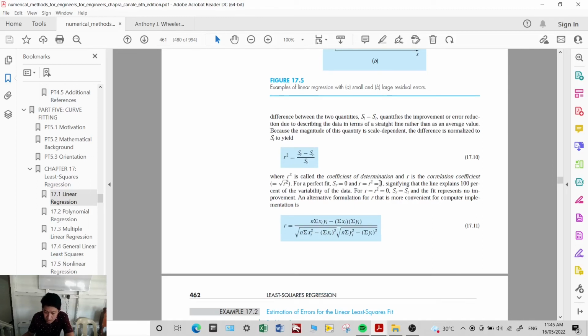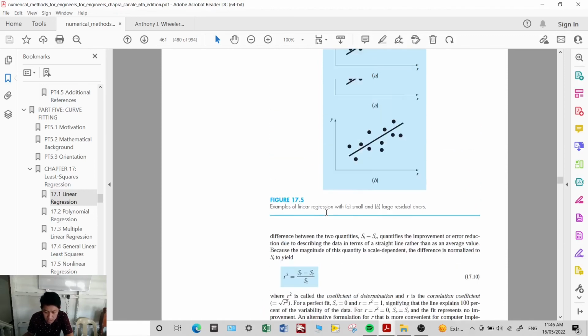Okay? This means the line represents 100% of the variability of the data. And also, you have an alternative formulation, which is this one, r.